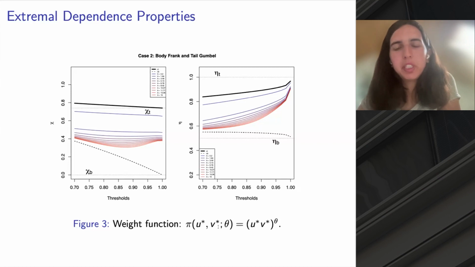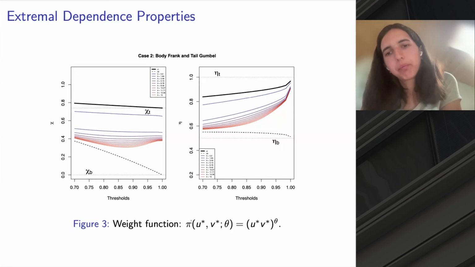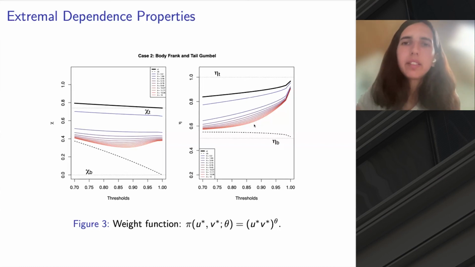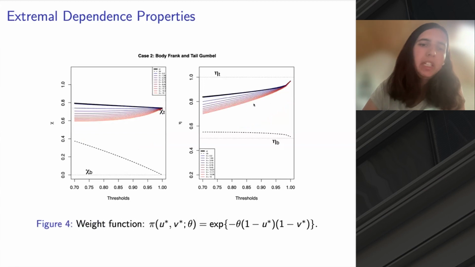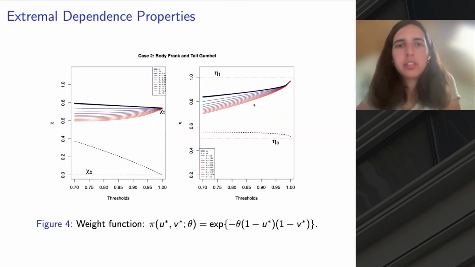So if theta is bigger in this copula, then there is a preference for CB because pi is close to 0. And if theta is smaller than 2, then we have pi close to 1. And the same happens in the eta plot. Here is the other weighting function, and the same happens.